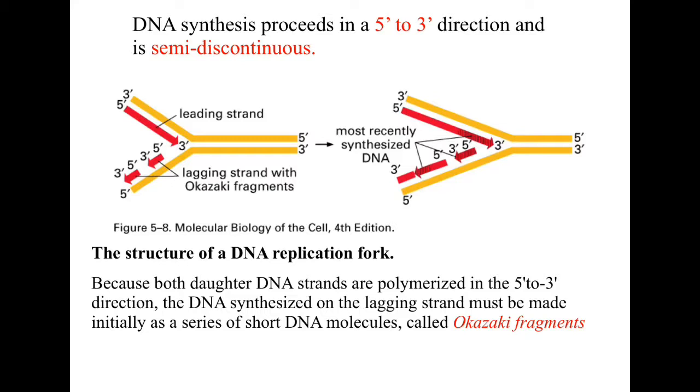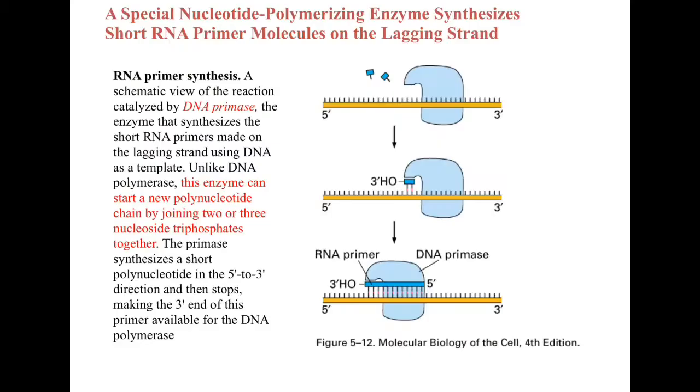So by using these 2 core enzymes, one strand is synthesized in a continuous fashion, that is the leading strand, and the other strand is synthesized in the 5-3 direction in a discontinuous fashion, known as the Okazaki fragments.